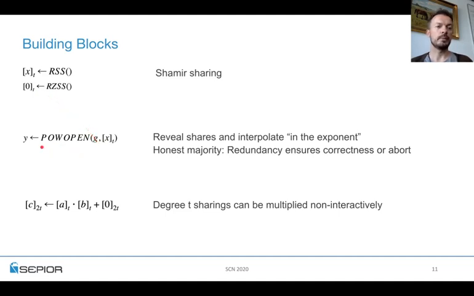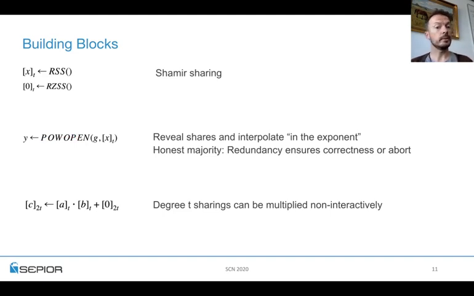We also have this PAU-open protocol where we take a sharing of a value x and the generator g, and the protocol outputs g raised to the value of x. This is basically having everybody broadcast their share of x in the exponent, and we interpolate in the exponent.